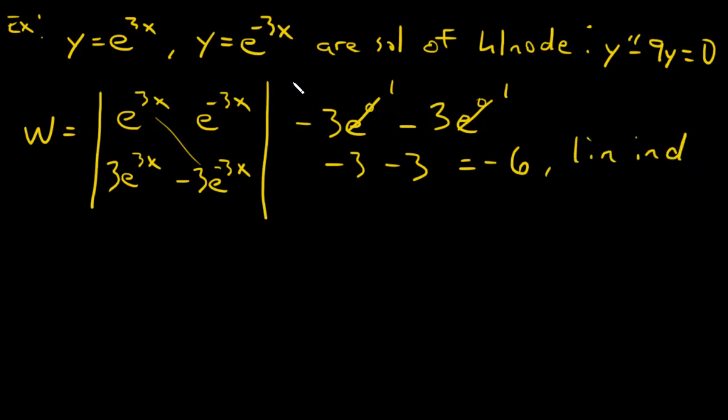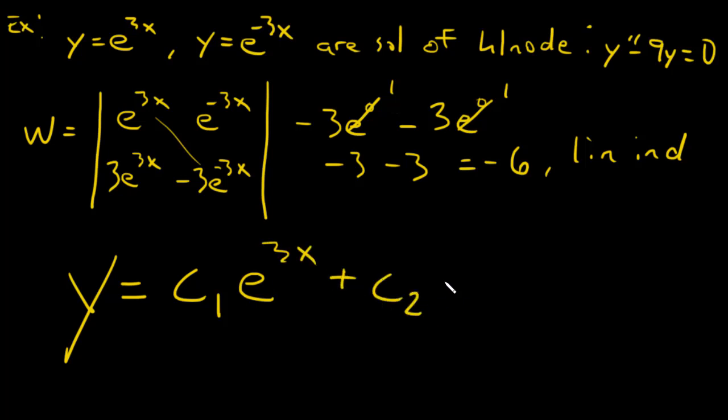Since they are linearly independent solutions of this second order equation, I can now say, here we go, y equals c1 e to the 3x plus c2 e to the negative 3x.